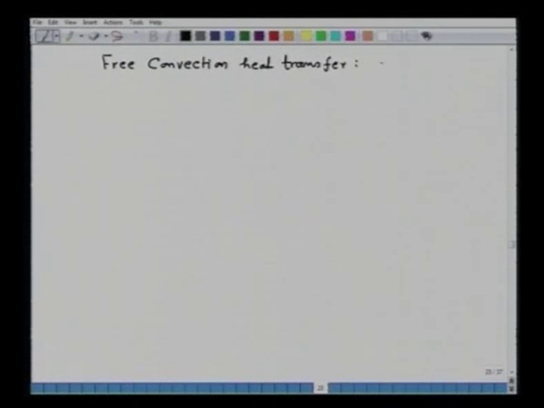So, here the temperature difference causes the fluid to move. Another mechanism is forced convection.